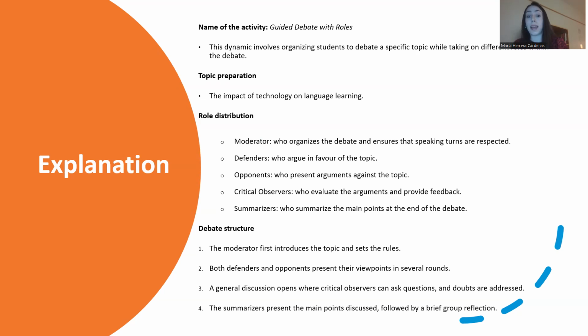Then there would be a general discussion in which critical observers might ask questions, and this would also be a great time for addressing doubts or any information that is not very clear. Finally, the summarizers will present the main points that have been discussed, followed by a quick group reflection.